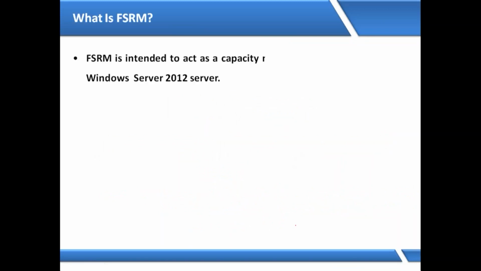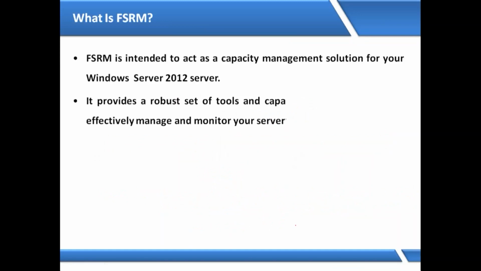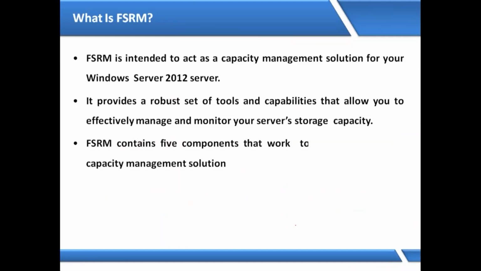FSRM is a service which was introduced from 2012. It was not there earlier, which means in 2008 it was not there. This service consists of components. How many components? Five components. It provides components through which we can effectively manage and monitor our server storage capacity, that is our home folder space.